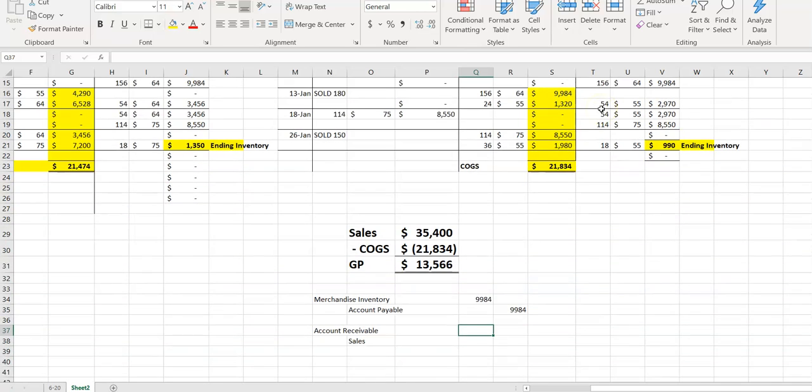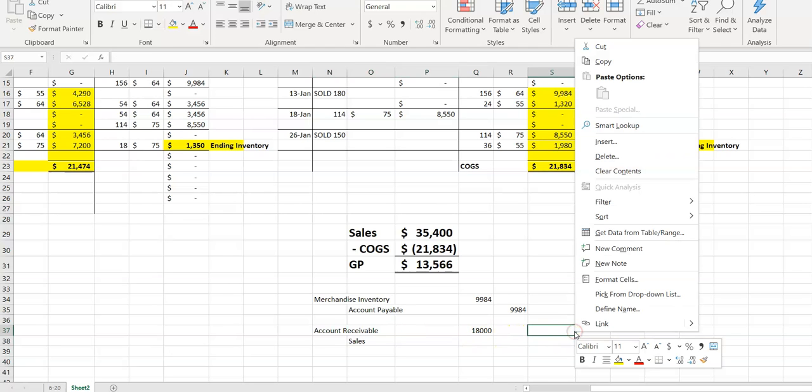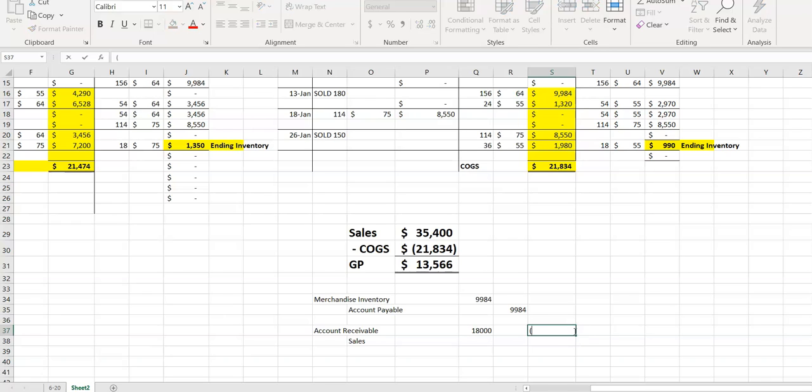180 times the $100. Right? That's right here, and here's the cost of goods sold for that particular sale.